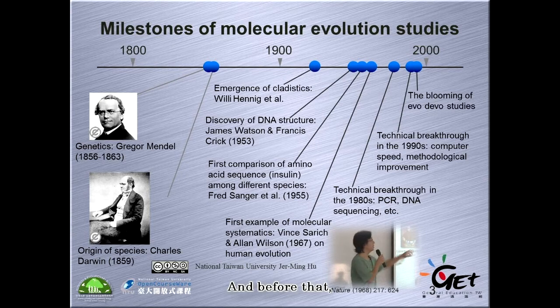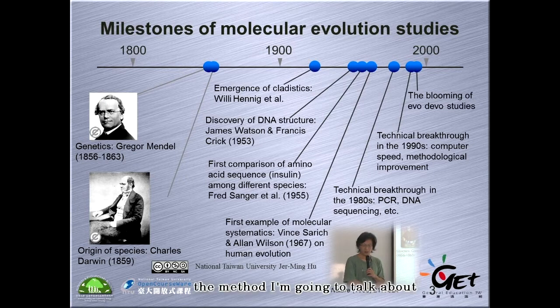And before that, the parsimony method was largely developed earlier than the 1950s. So we'll keep that in mind. The methods I'm going to talk about are already almost one century, well, not one century, maybe 80 years old. So in a way, it's kind of mature.